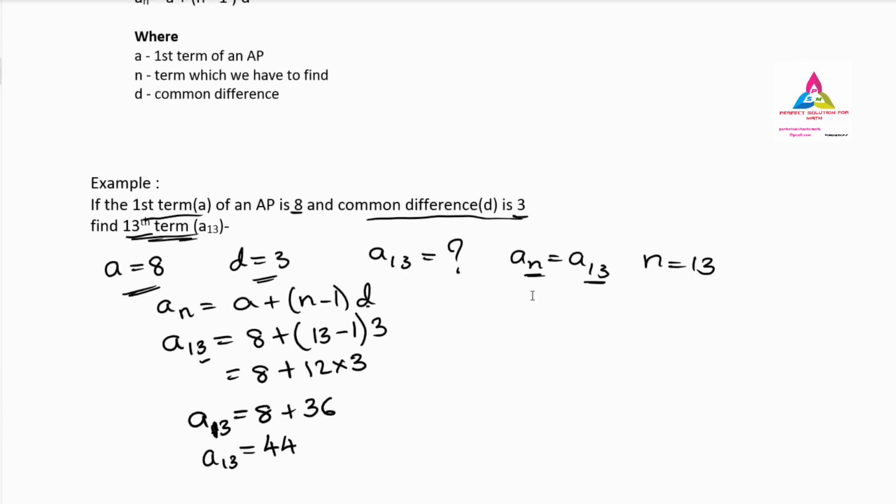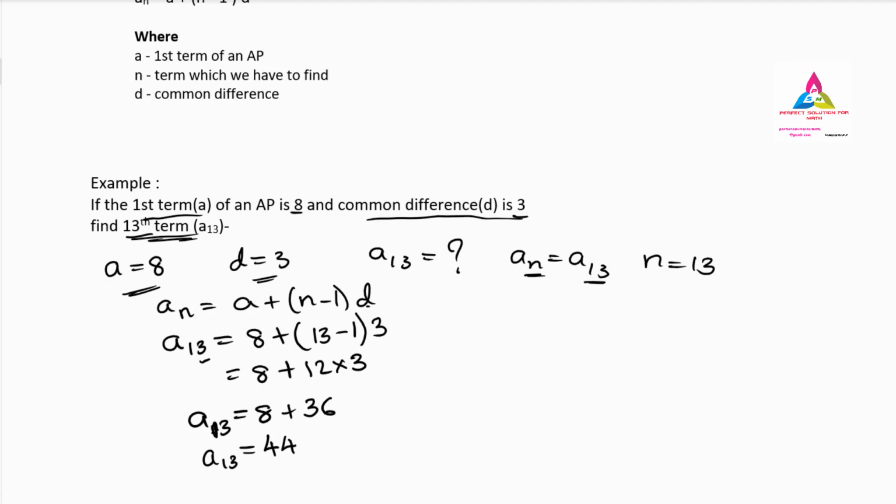Today, let us refresh what we have learned. First, we learned the terms of an AP, that is A1, A2, A3 and so on, and the nth term. Second, we learned the common difference, and how it is the same between all the terms. Third, we learned the nth term of an AP formula, an is equal to a plus n minus 1 into d.